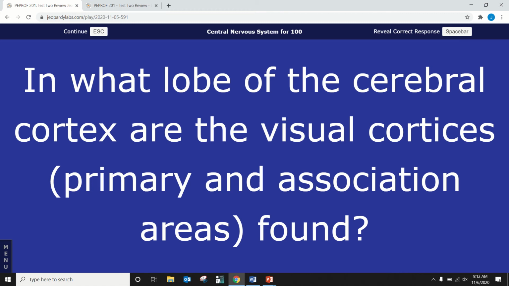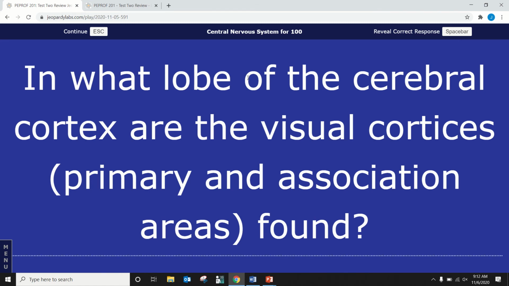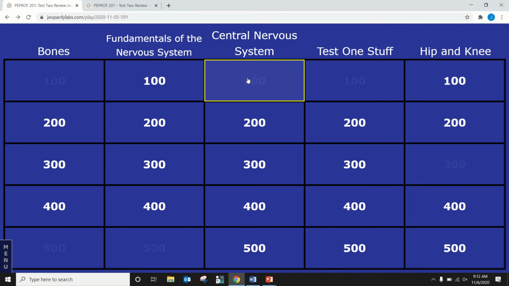Right, that's in the frontal lobe. All right, that's pretty good. What do you think, Connor?